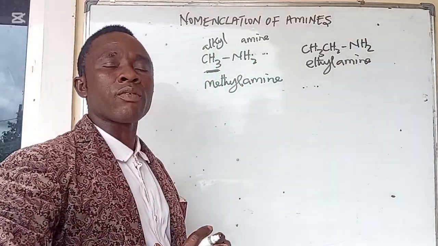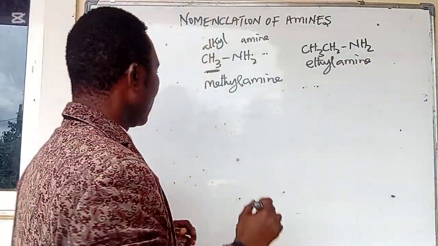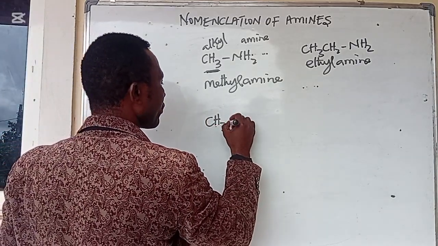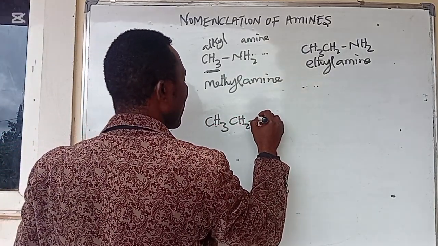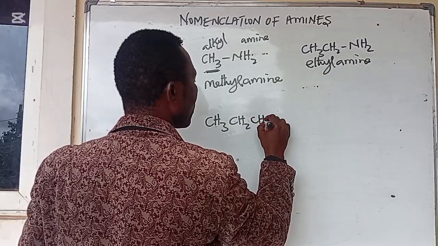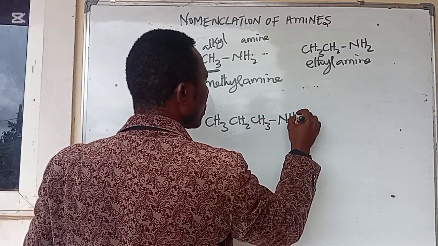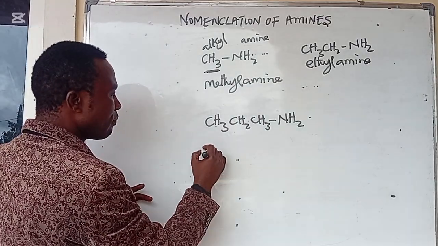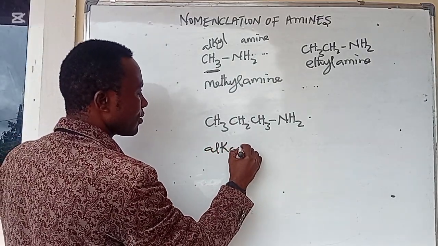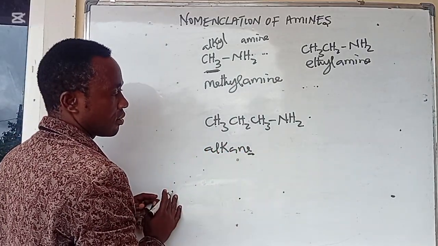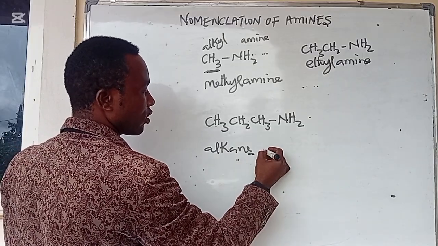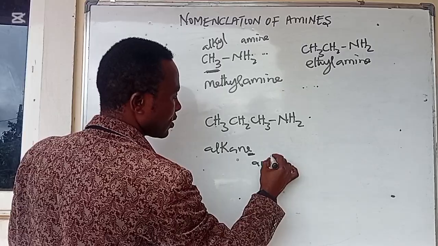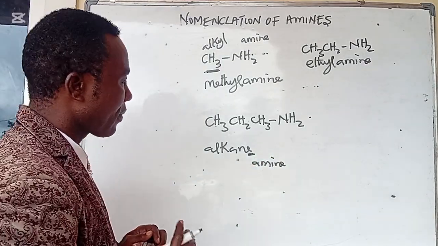Now, if we have longer carbon chains, let's say from 3 carbon atoms and above, you have CH2, then CH3, then you have NH2. If you want to name it, you name the alkane, remove the E, and replace the E with amine. That is for longer amines.